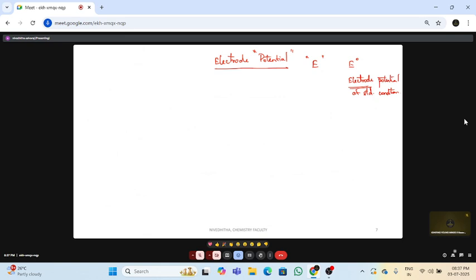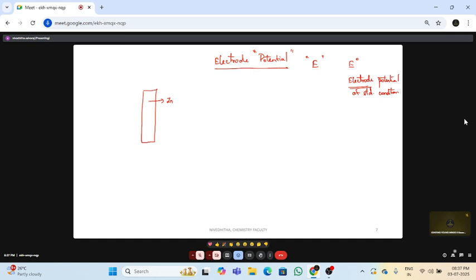Let us say any metal. For example, I have a zinc rod or zinc metal, and I'm going to dip this metal inside its own electrolytic solution. What is an electrolytic solution?